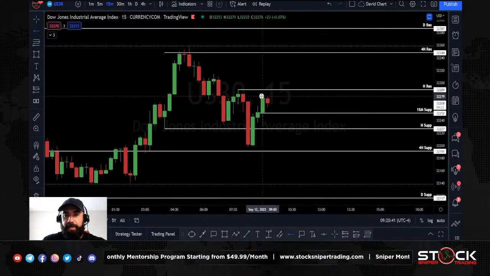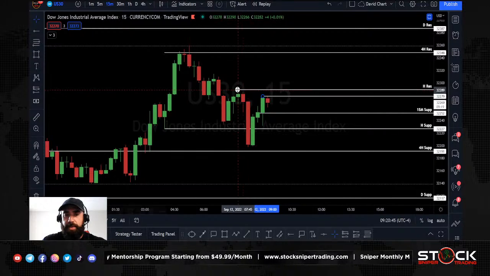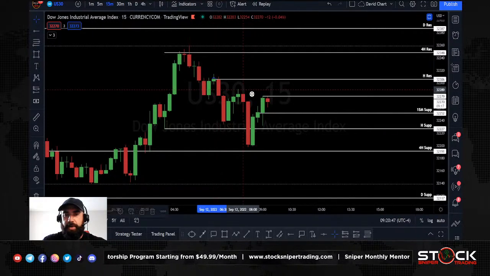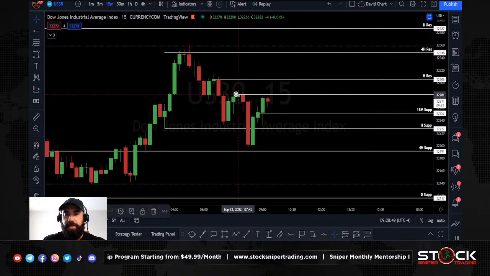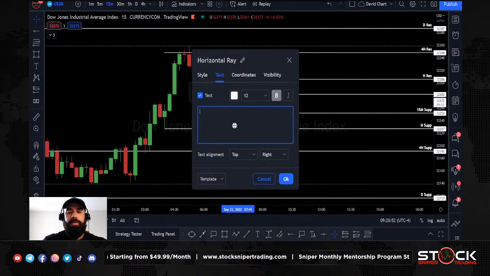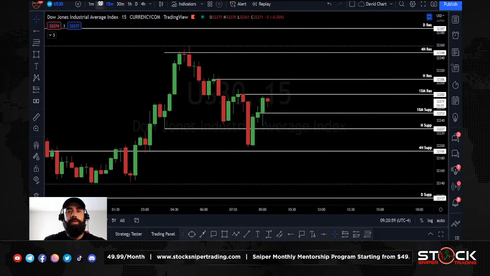Then we have our 15-minute resistance just above here, guys. I'm going to move the hourly just right here. Going to use this as our 15-minute, guys. Okay, and then we're going to work on our 5.